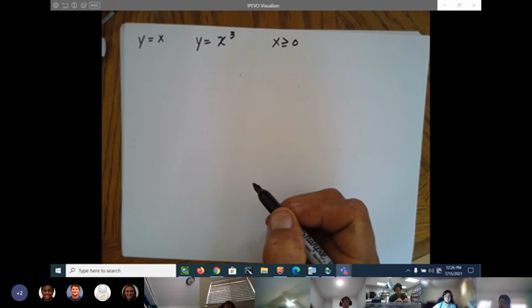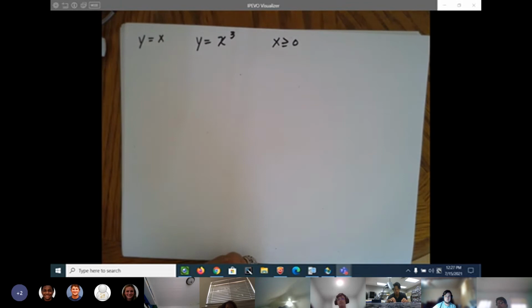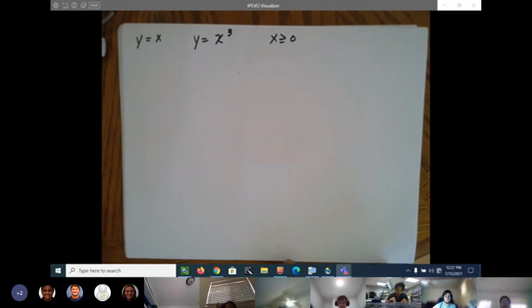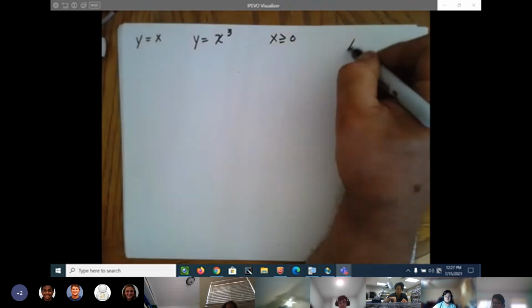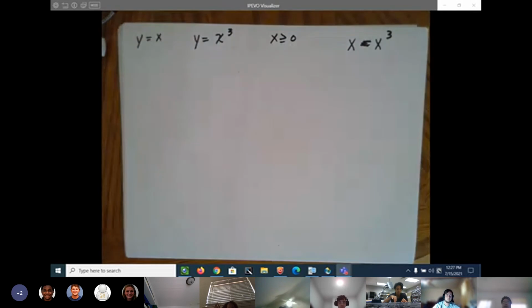So go ahead and draw that for me. Give you a minute or two to draw that. And go ahead and find where they intersect. So x is equal to x cubed. Go ahead and find out where they intersect.